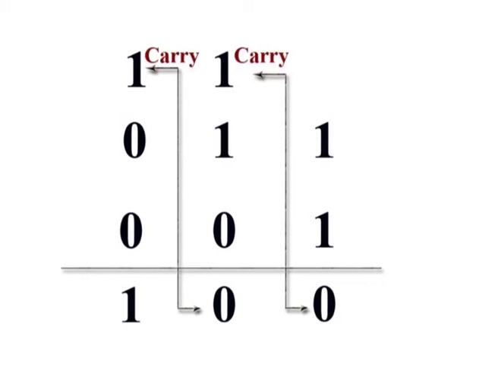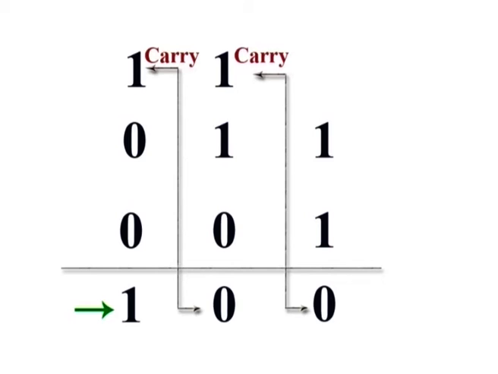In the extreme right column, 1 plus 1 is equal to 0 with a carry of 1 to the next column to the left. In the middle column, 1 plus 1 plus 0 is equal to 0 with a carry of 1 to the next column to the left. In the left column, 1 plus 0 plus 0 is equal to 1.